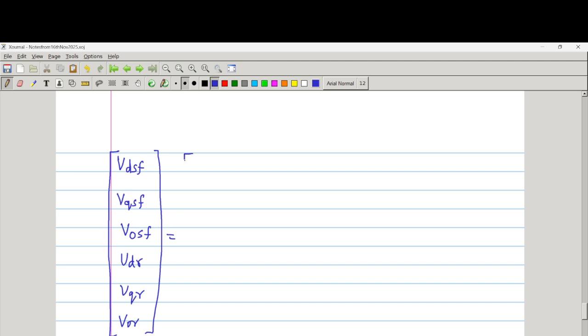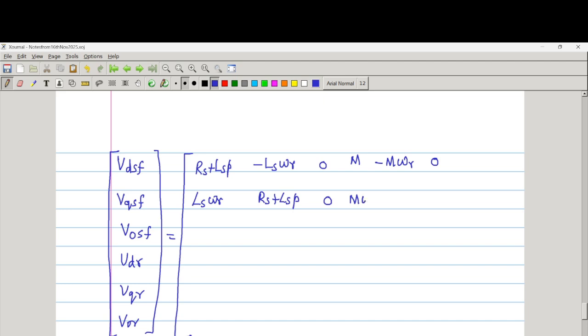It is nothing but Rs plus Ls into P, then minus Ls into omega R, then 0, then M and minus M into omega R, 0, then similarly Ls into omega R, then Rs plus Ls into P, 0, then M into omega R, then M into P, we will have the P also.